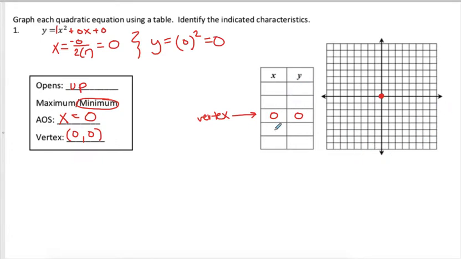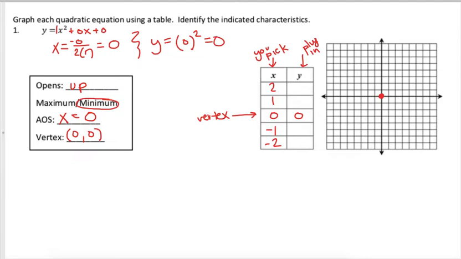So how do we generate these other points? What we're going to do is go above 0, so maybe 1 and 2, and below 0, -1 and -2. This one is not so hard to plug in. This is what we have to figure out, what input gives us what output.